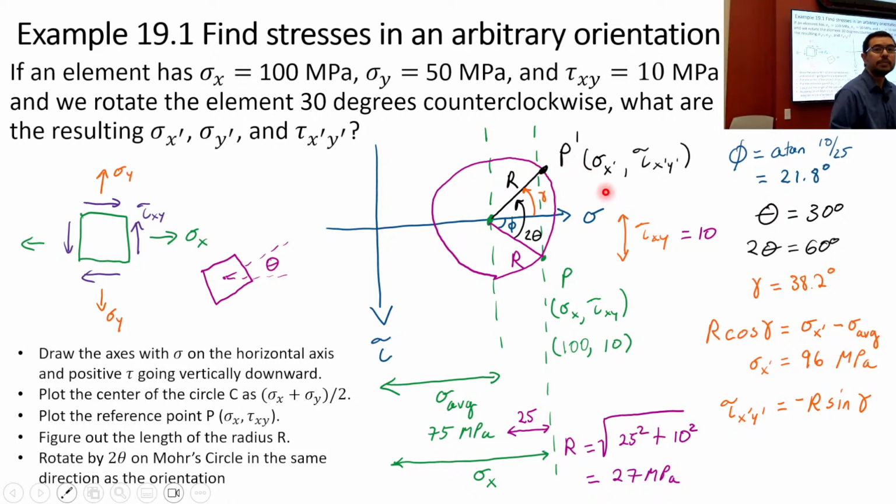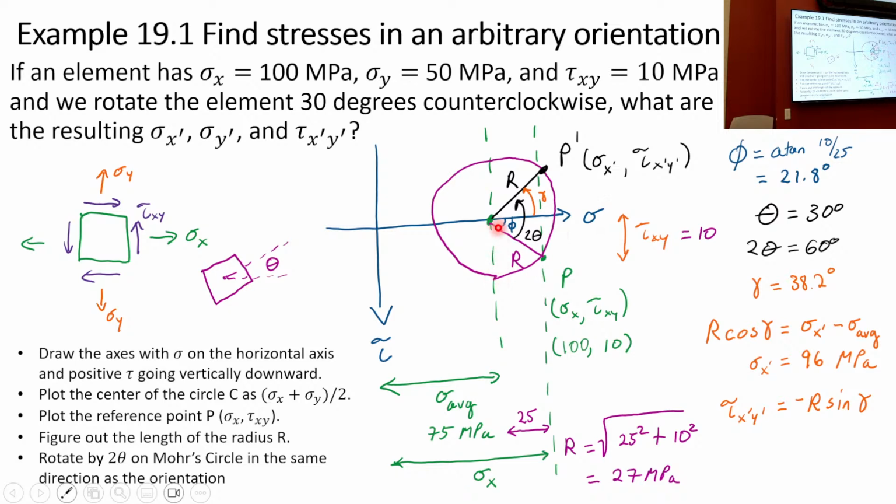Yes, Kevin. In the context of a physical system, what does R mean? Tau is the in-plane shear stress, and sigma x is the stress in the x direction. So what is R, what does it really mean? Well, R really is the maximum in-plane shear stress. Remember how we talked about that?